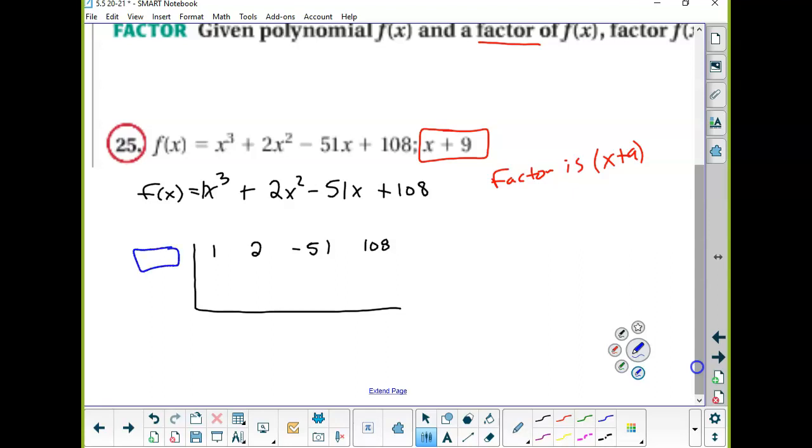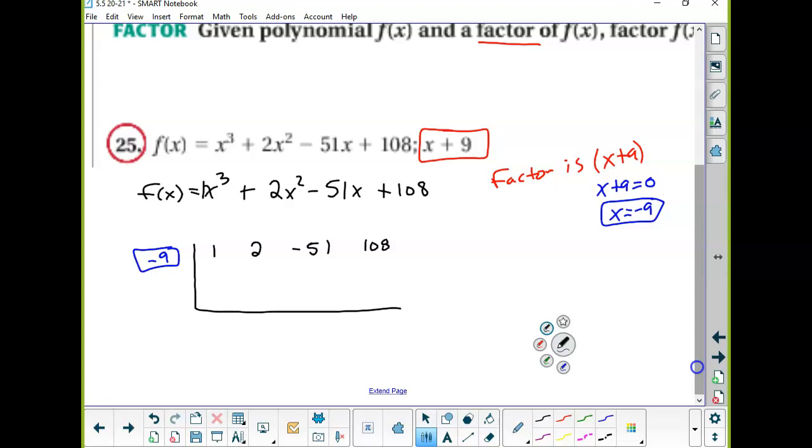Now, we have to find a number that goes into those. To do that, we need to figure out what is the 0 of that factor. And to do that, we just set whatever we're dividing by equal to 0, and we put that answer right here. So x plus 9, its 0 would be a negative 9.